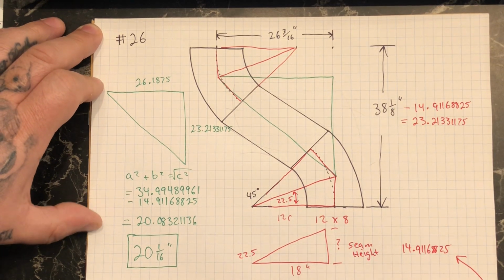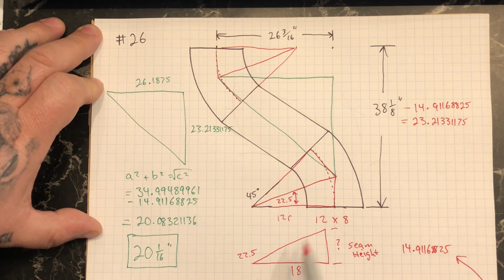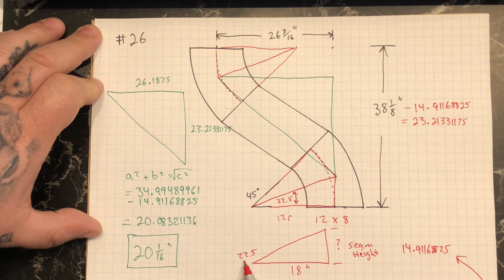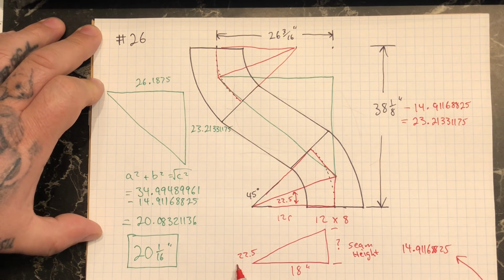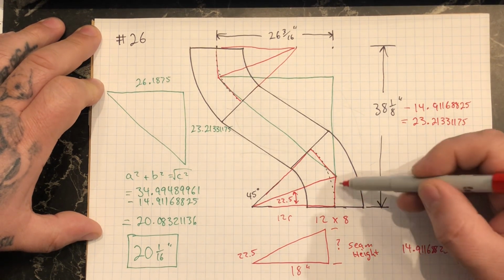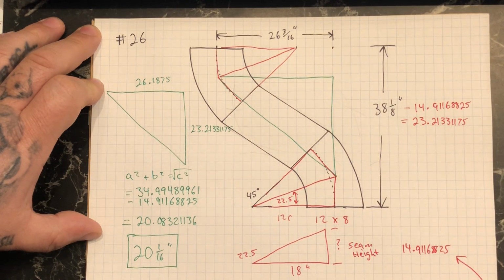So this is gonna be a tan function. So I pulled this triangle out down here. So half of 45 is 22.5 degrees. The throat radius plus half of the elbow here is 18 inches. So tan 22.5 times 18 gives us a seam height, this height here, of 7.44455844123.